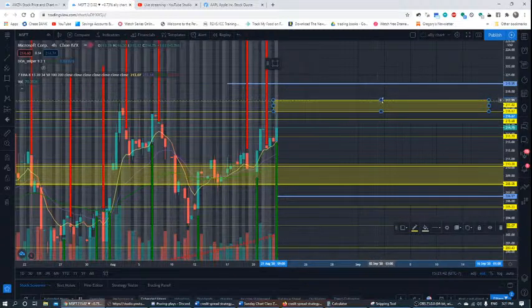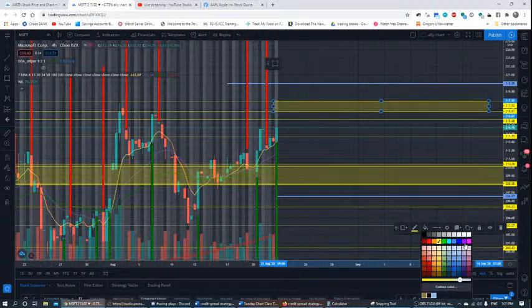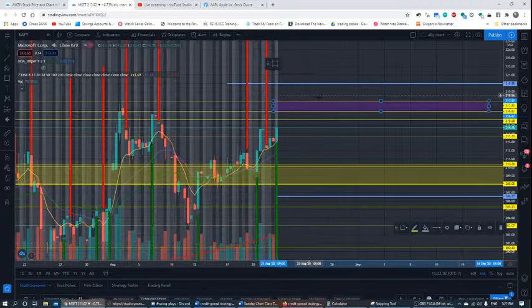I'm just basing it off the information I have, without guessing and without being biased by psychology. I'm drawing where we had trouble and where people might continue to buy Microsoft. I usually use purple as a supply zone.